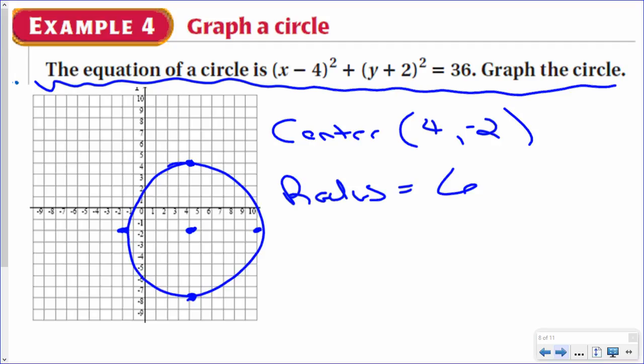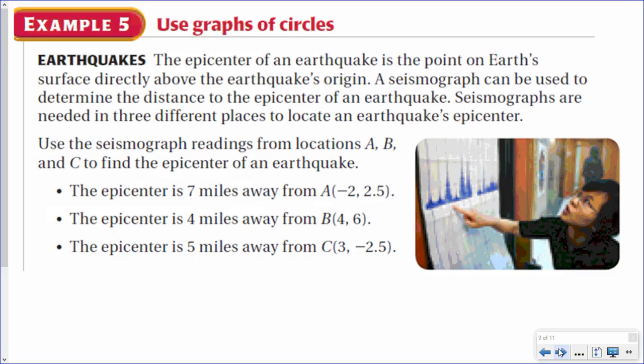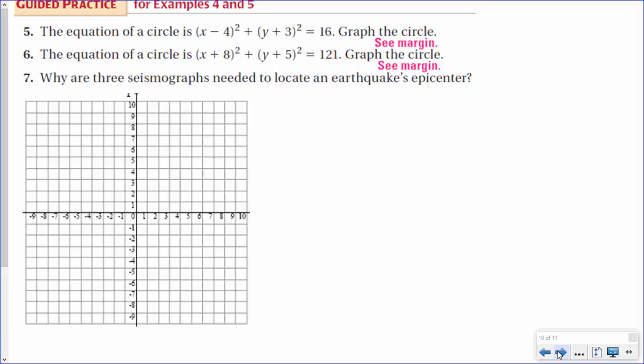Okay, you get the idea at least. That's the circle. It looks really bad, especially with the orientation of the board, but that is the right answer, guys. Okay, let's go through those points. When you actually graph, I need to see those 4 points that you're branching off of.